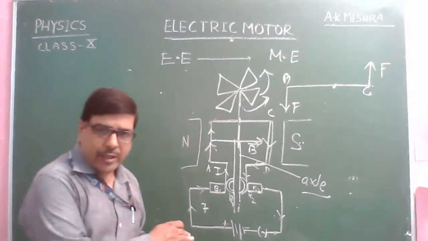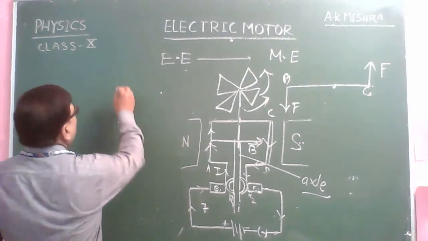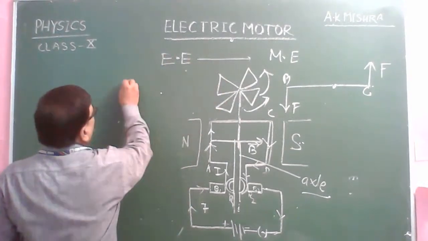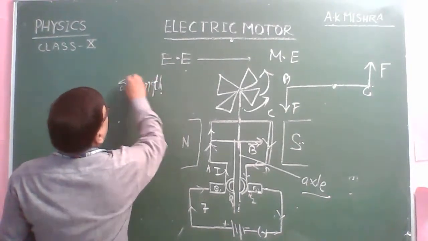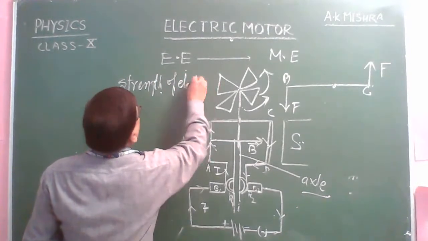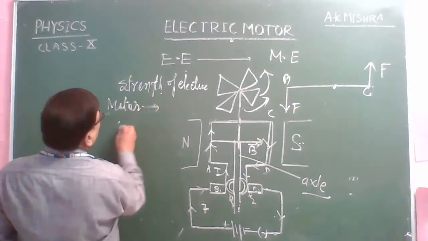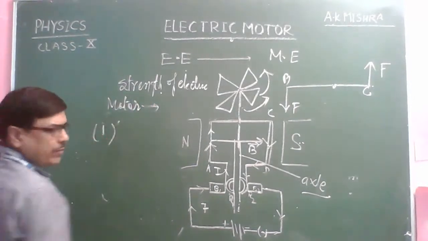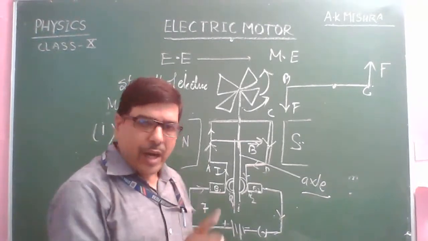The strength of the electric motor depends first on the number of turns of insulated copper wire.